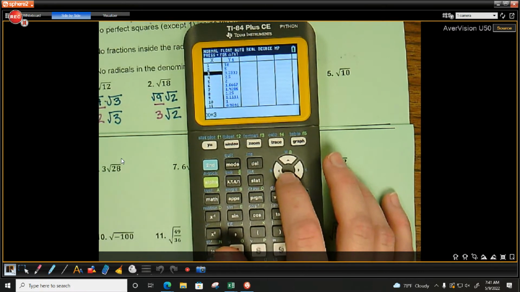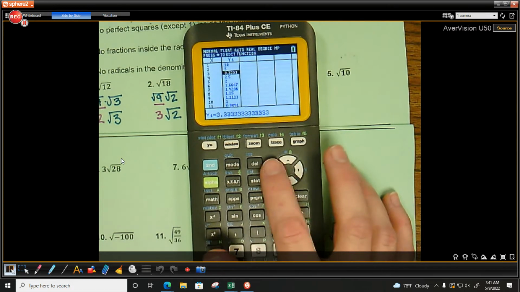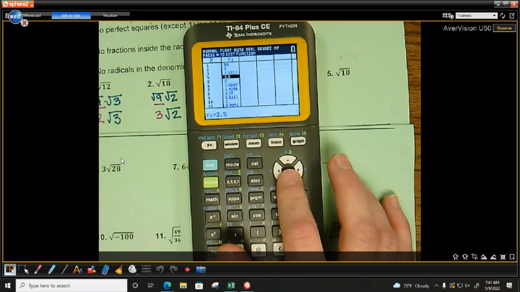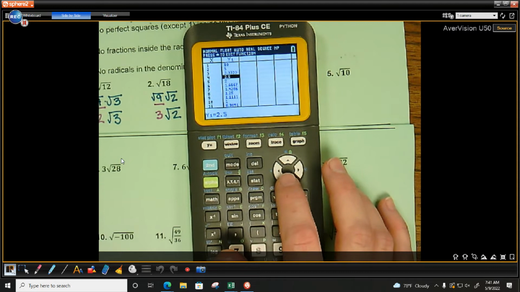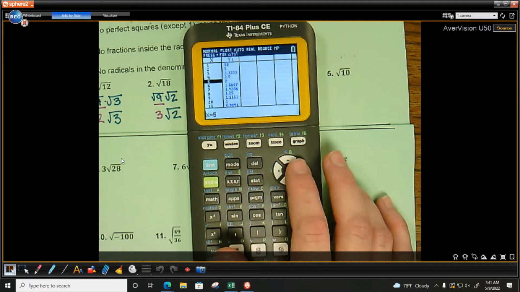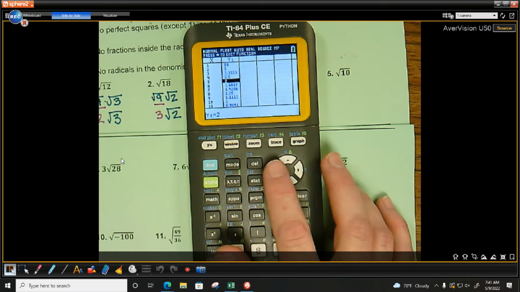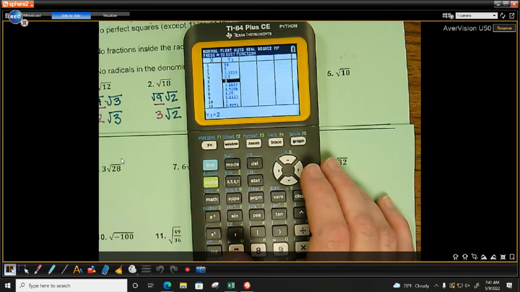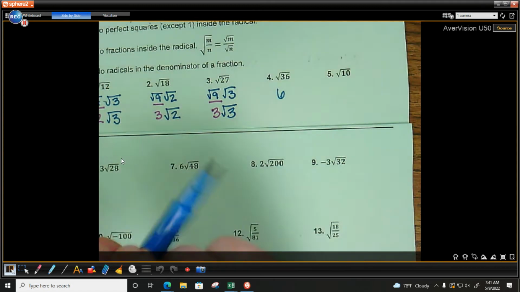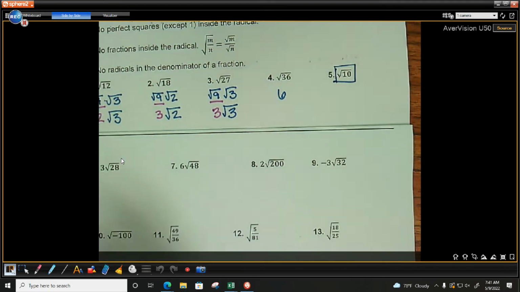No. And notice I'm skipping these because these are decimals. We're looking for only pairs that are non-decimals. 5 and 2. Didn't I already have 5 and 2 on my list? No. So is 10 divisible by any perfect squares? No. You can't simplify it. There's your answer. Okay? Good?